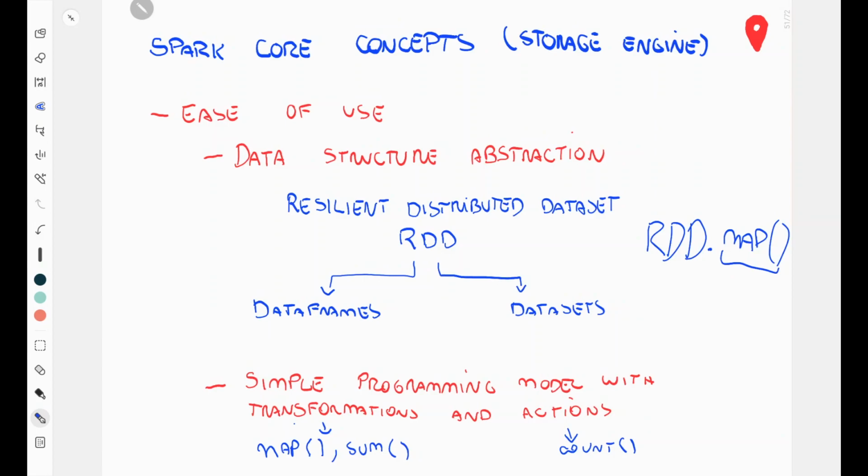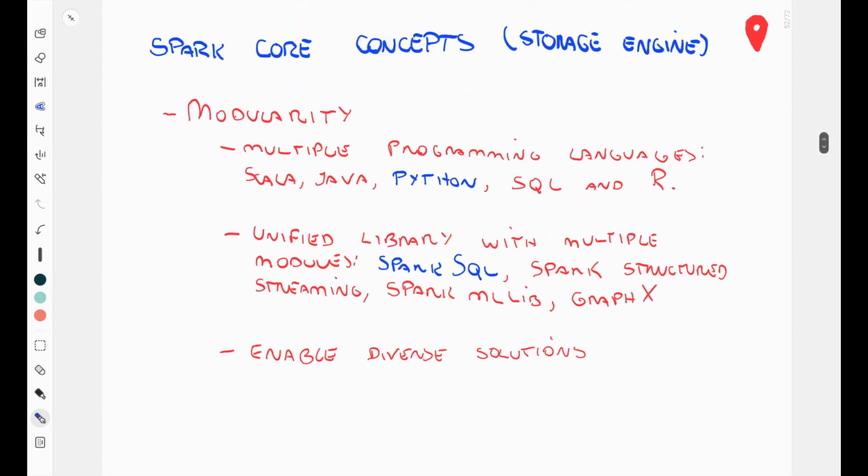And the transformation, for instance map, is quite sophisticated. And you also have actions such as count. I put only count here, but count tells you how many rows there are in this RDD, etc. So it's quite straightforward. You have data structure abstraction, and you can perform transformations and actions on it.